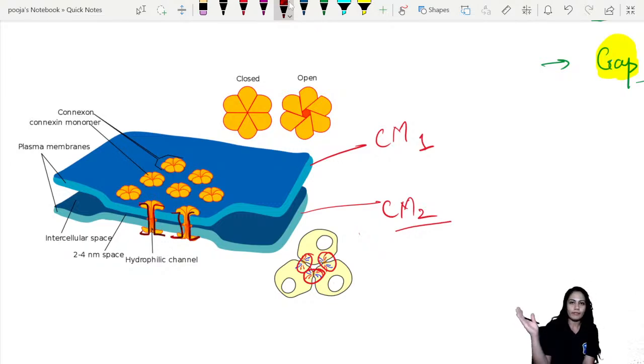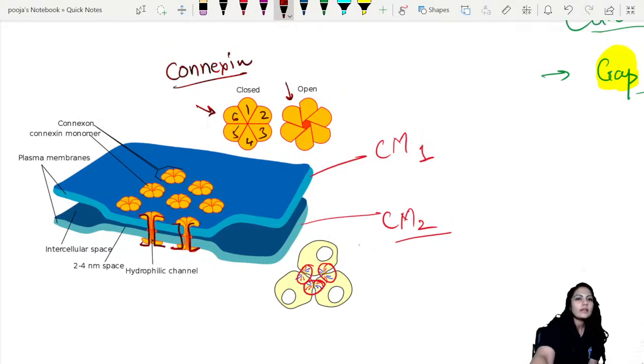If you take a cross section, you will see something like this under the microscope. You can see 6 subunits of this channel. These are made up of a protein known as connexin.